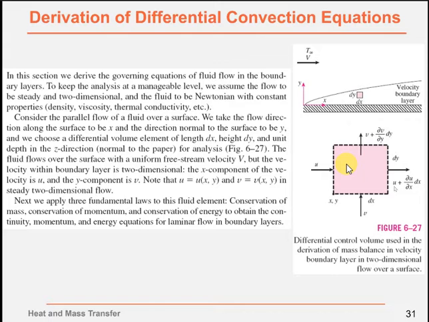So the velocity comes to u plus partial u divided by partial x multiplied by dx. And similarly in the y direction, v and partial v divided by partial y multiplied by dy. And this is what you should first list when you would like to calculate the equations.